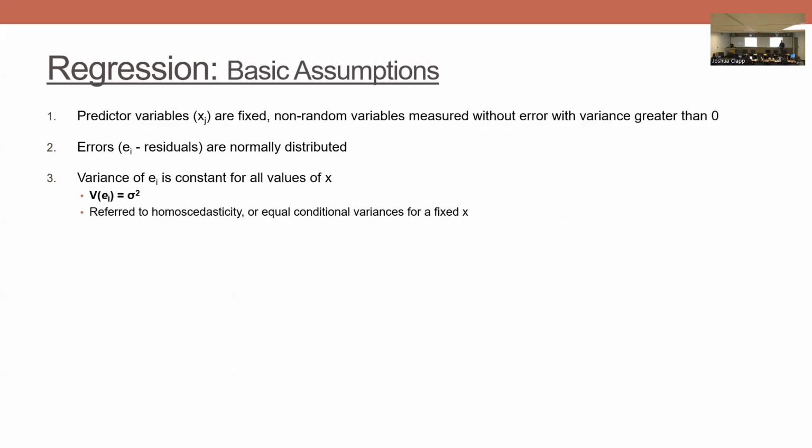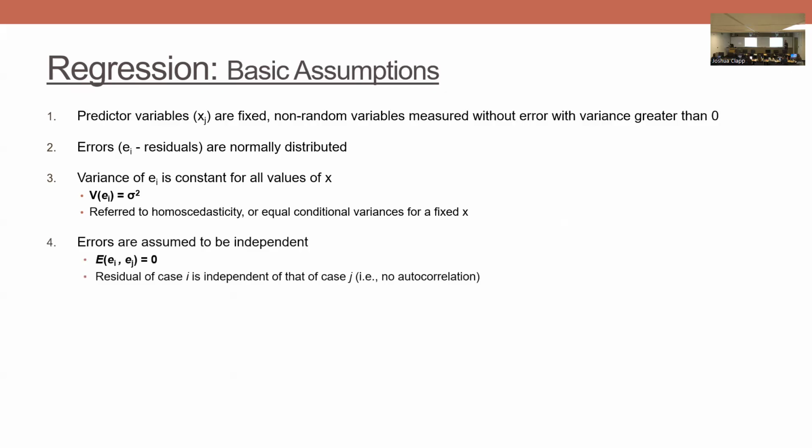Error is anything like, and this could be random error, just because people are different sometimes. It can be due to unmeasured variables. It can be due to systematic biases and things along those lines. But the assumption of the model is these errors are normally distributed and have equal variance throughout the distribution of our predictors. Okay.